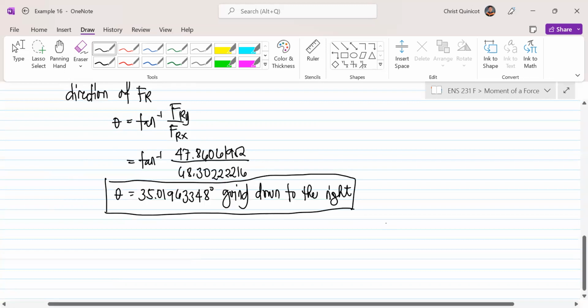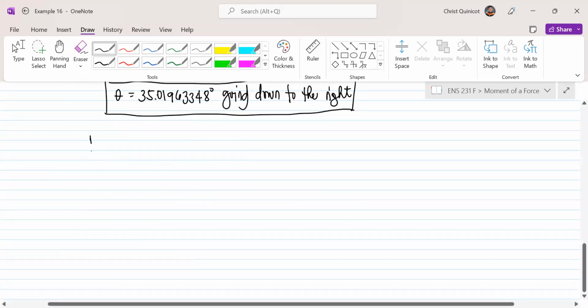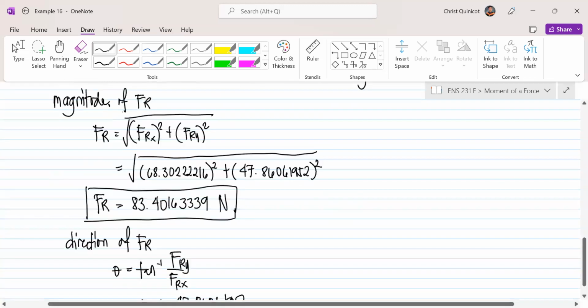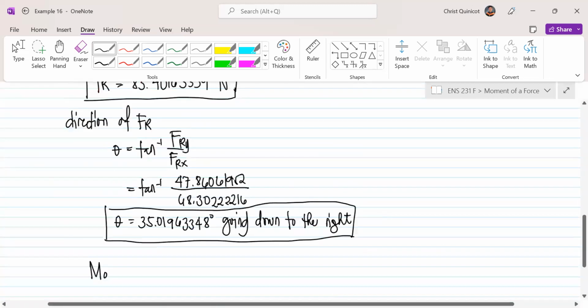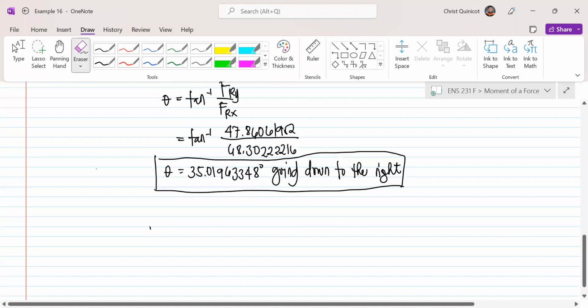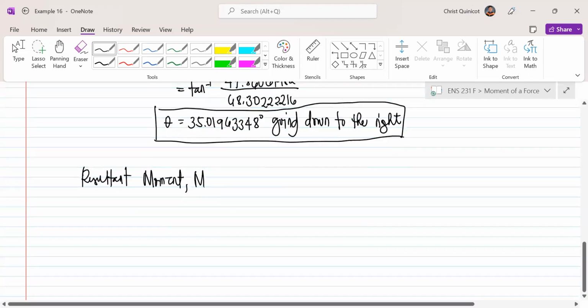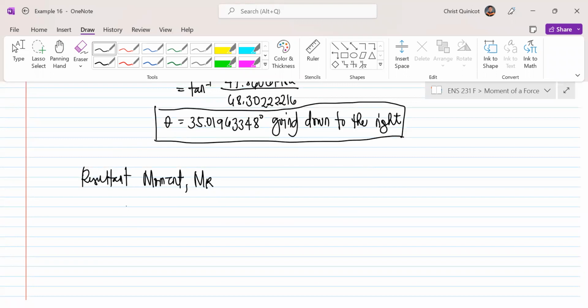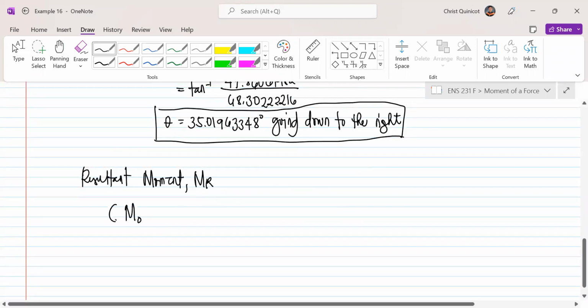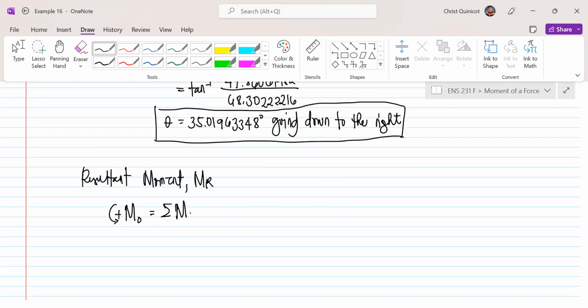Okay. Now for our resultant moment about point O. Resultant moment, this is the moment about point O, assuming counterclockwise positive, is equal to all the moments plus the moment couple.